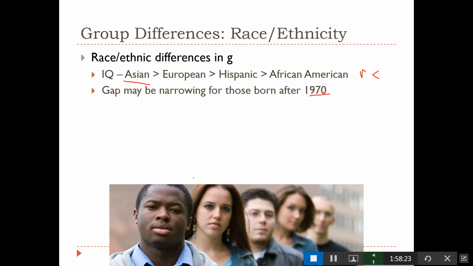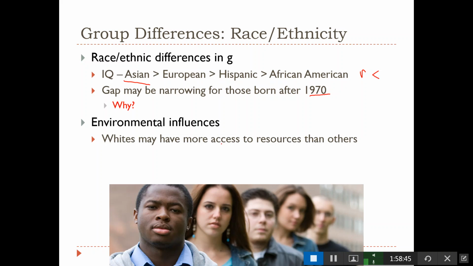Now they have better advantages, so they can go to schools that have better equipped facilities and things like that. Again, early environmental influences can then impact those IQs, right? So now these kids growing up in these better environments start to show smaller and smaller differences in terms of intelligence tests, right?